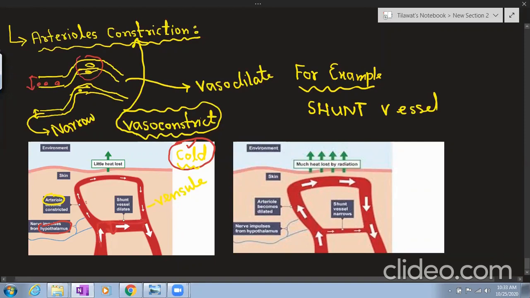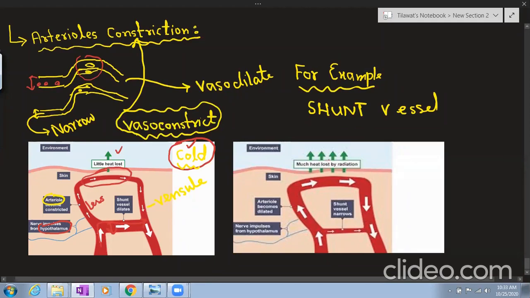It means less blood will go to your skin, because most of the blood is diverted through the shunt vessel to the venule, bypassing the capillaries. So less blood will move to the capillaries of the skin, and less heat will be lost. Okay, now this case is clear.